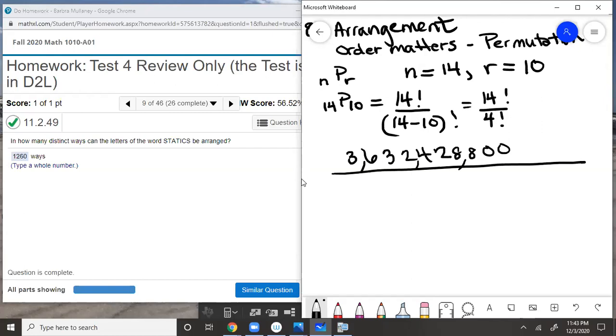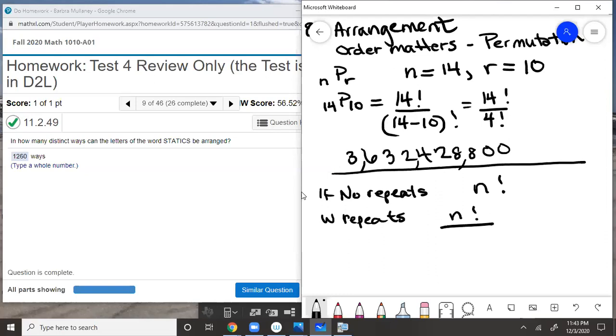Okay, if there were no repeats, so if there are no repeats in the letters, the number of ways that you can arrange the letters in a word is n factorial. Okay, but with repeats, we need to divide by the repeats.